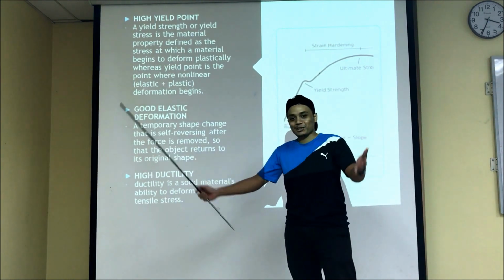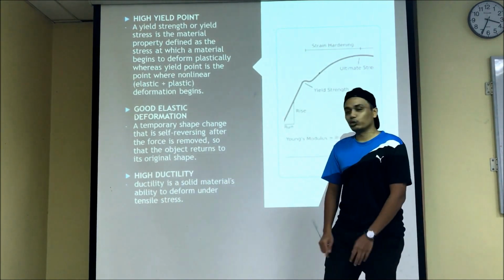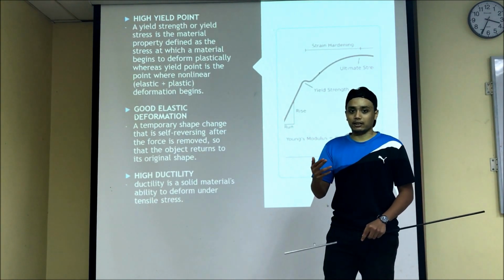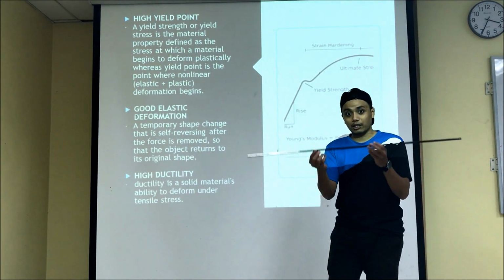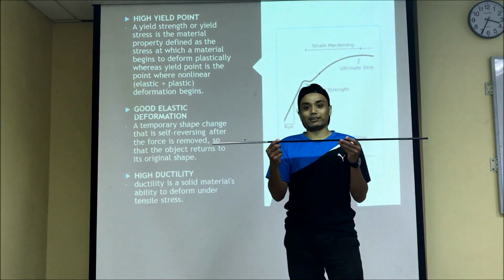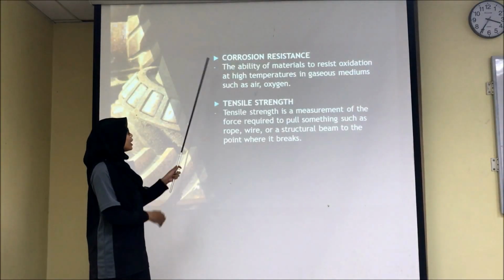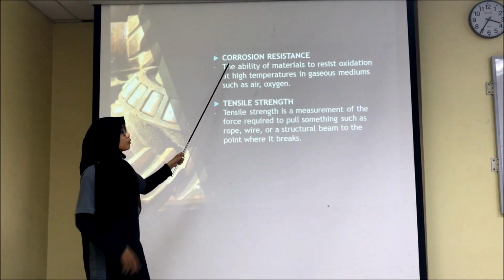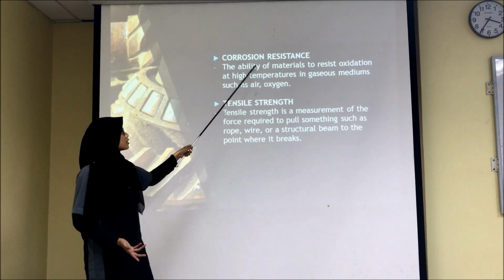Ductility is a solid material's ability to deform under tensile stress. So we must have high ductility so that the crankshaft does not change its shape when the force is applied to it.